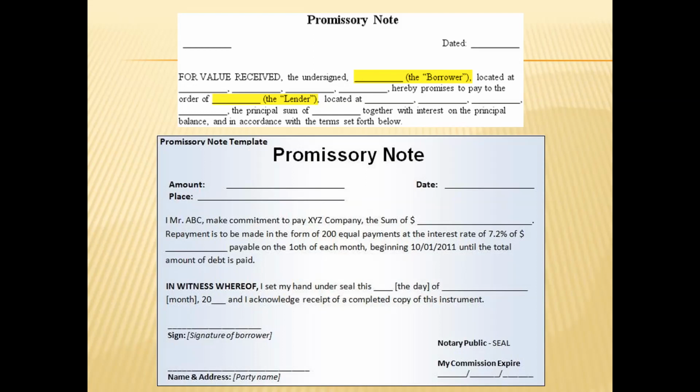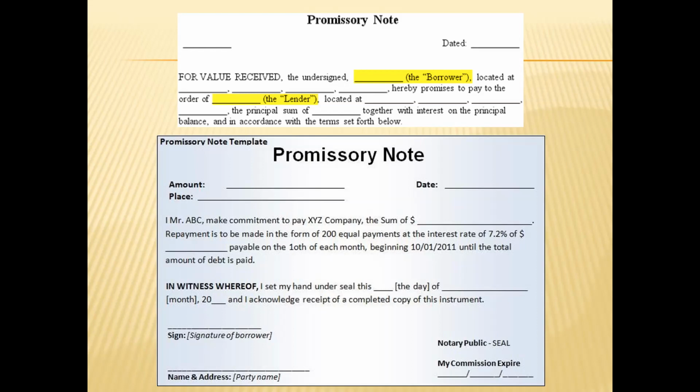But the first one, that blank to the top left, you would normally put Nassau, Bahamas, right? Or if it's Abaco, Bahamas, or Freeport, Bahamas. And then of course, over on the other side, you'll put the date.